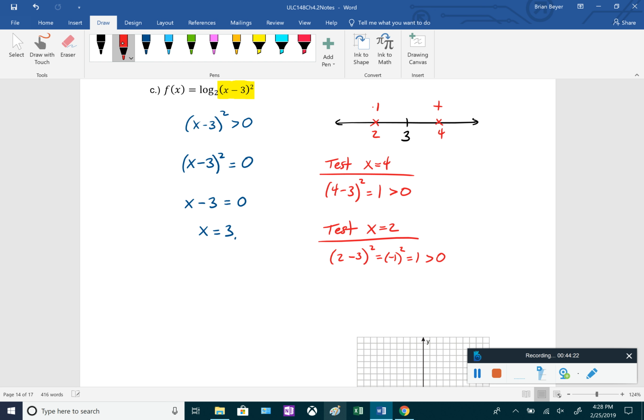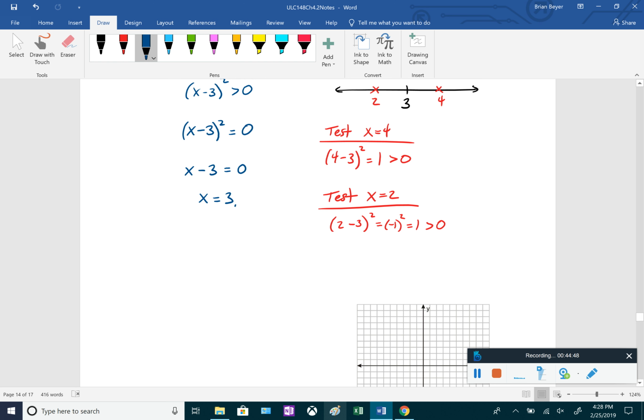So that is also positive. So originally when I had this set up, we got x is greater than 3. The other part of the domain that we would have been missing is x is less than 3. It's because of that squared, because anything x minus 3, even when it's negative, when we square it, it's going to end up making it positive.